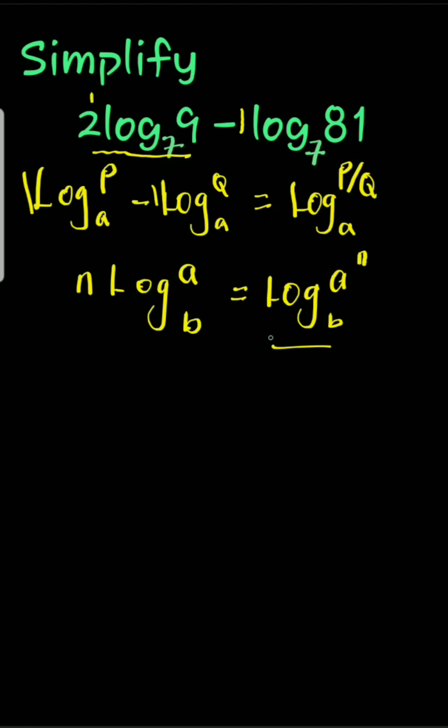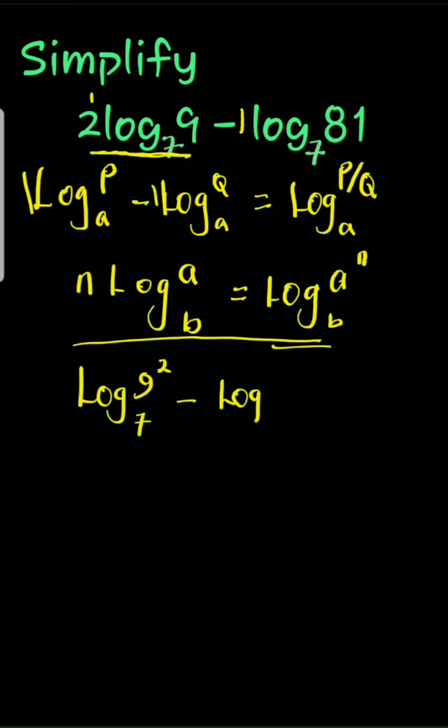And so, when you compare this expression and what we have here, this would be log 9 raised to the power of 2 base 7 minus log 81 base 7.